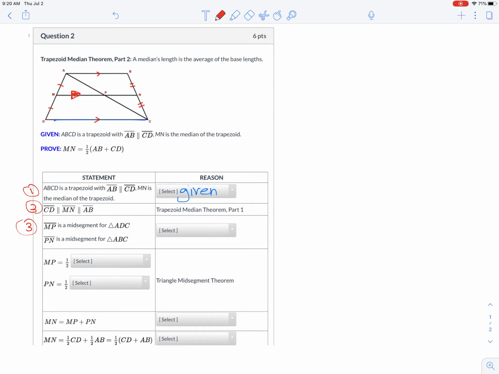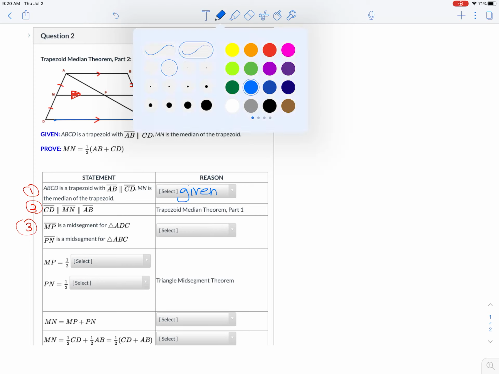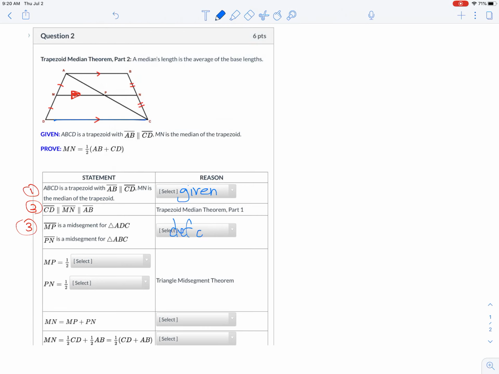That's because of the definition of midsegment, I believe. It cuts it into equal pieces.